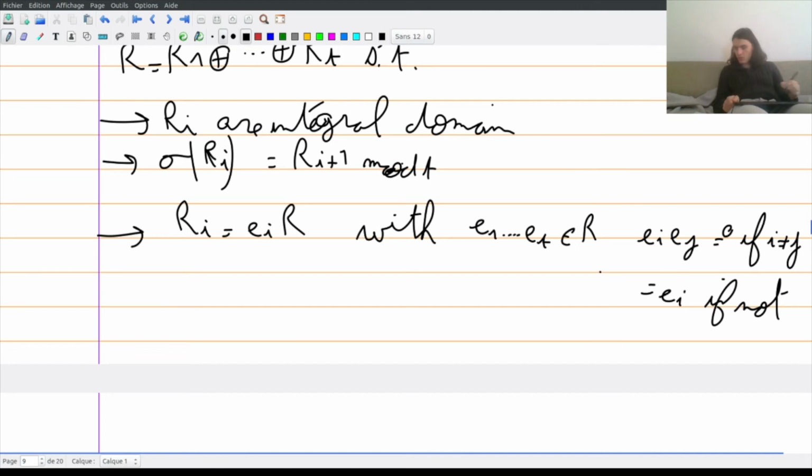So it's an idempotent element. And Ri, remember, is an integral domain. So if you consider the second property, it means that sigma of ei is e(i+1).